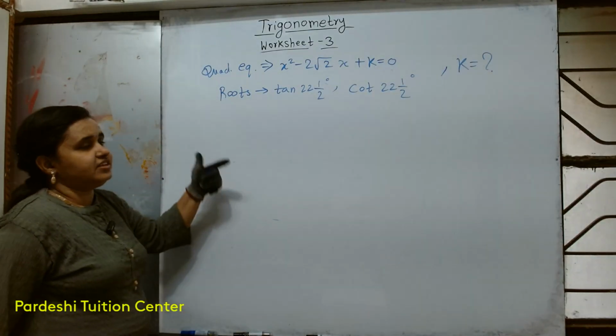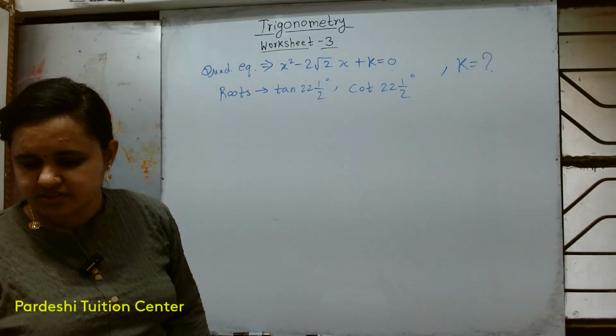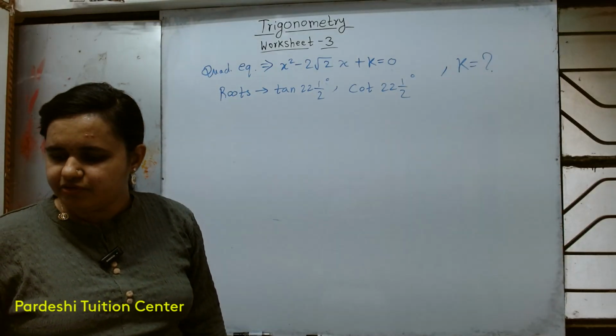We have just taken the question; what was the quadratic equation if alpha and beta are roots?